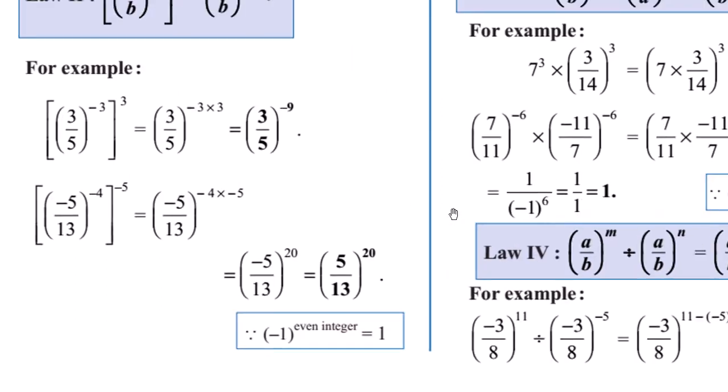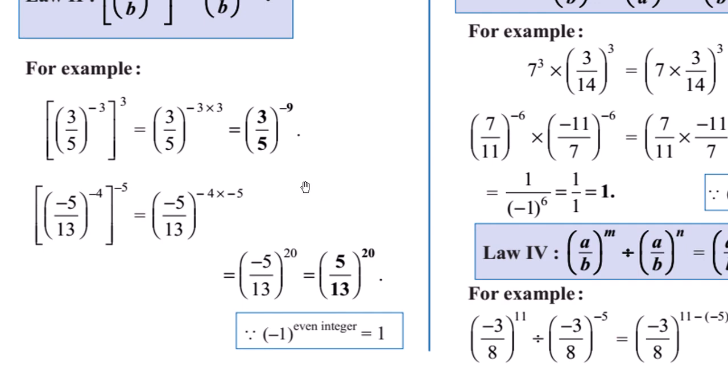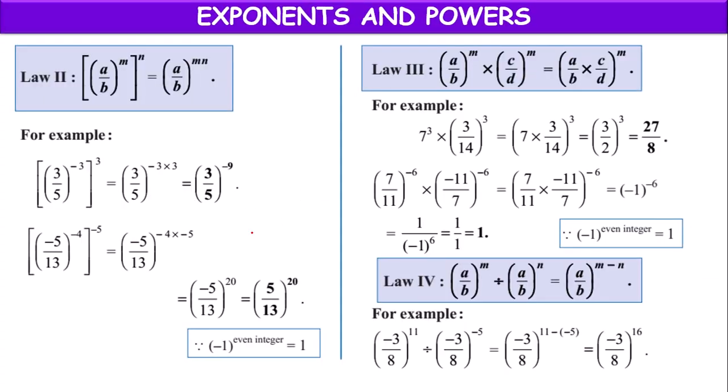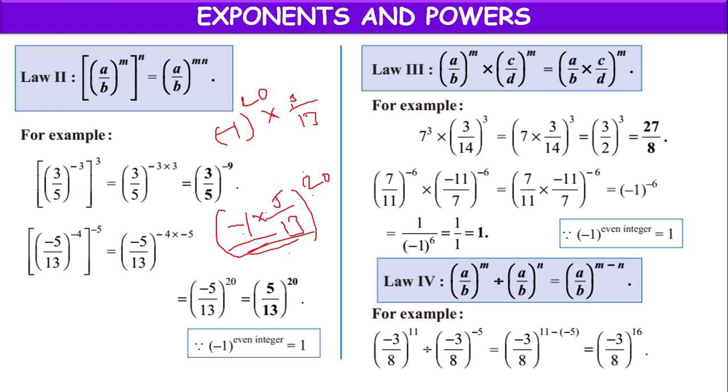So here this minus 5 by 13 can be written as minus 1 into 5 by 13 whole power 20. This minus can be separated into (minus 1) to the power of 20 into (5/13) whole power 20.